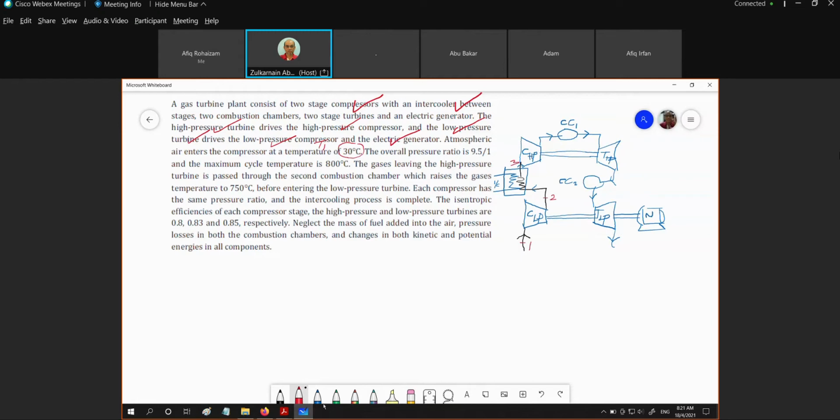This is our state 4. This is 5. And this is 6. And then this is 7. And then this should be number 8. Okay, so meaning that we have 8 states. Now the 30 degrees C is stated as intake, 30 degrees C.